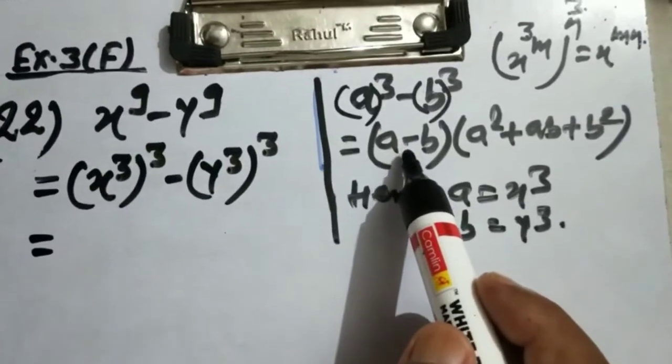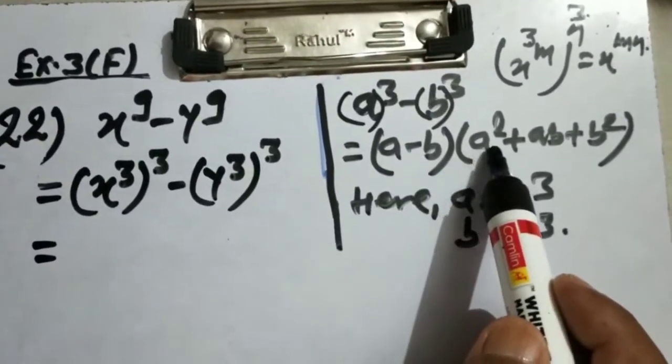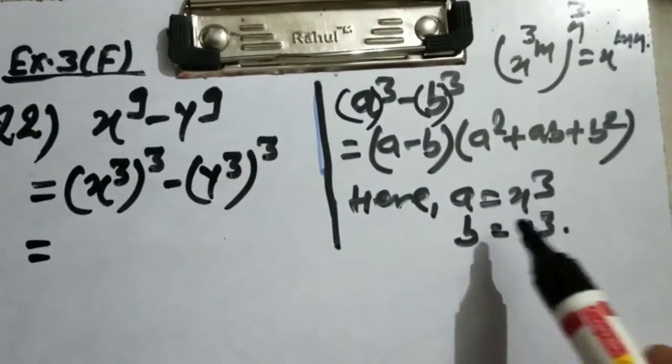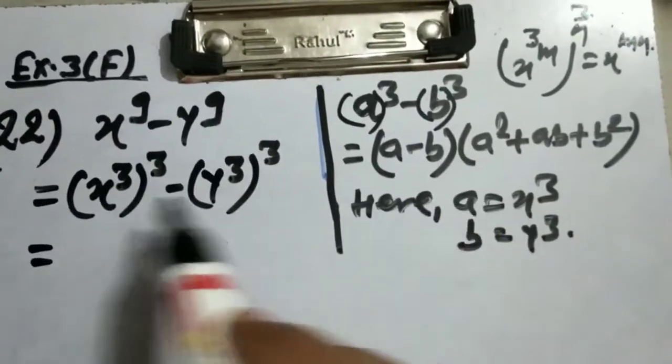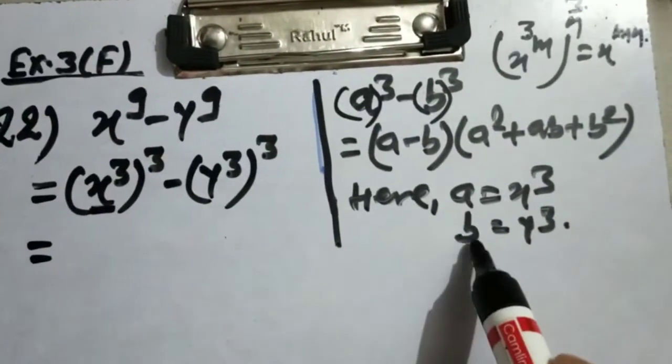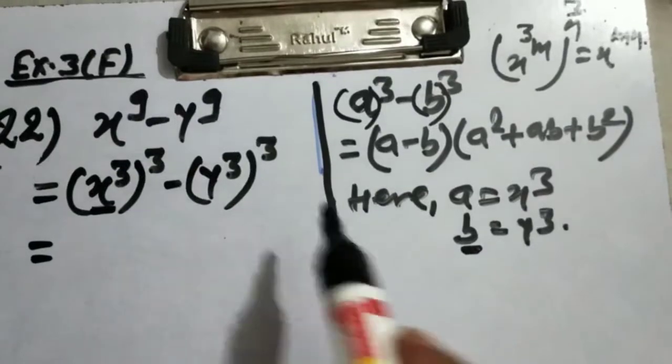So it will be equal to (a minus b) into (a square plus ab plus b square). Now here, at the place of a we have x cube, and at the place of b we have y cube.